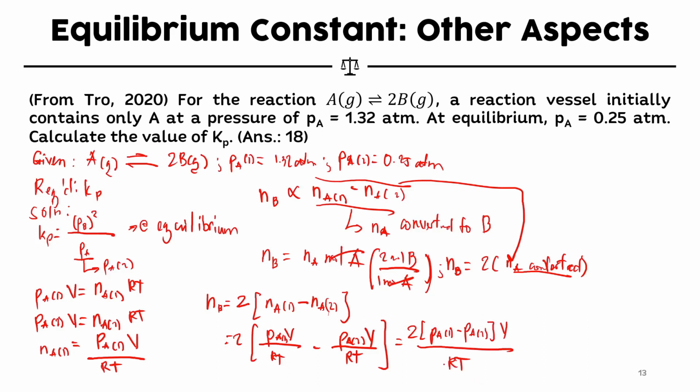Next, we transfer V over RT to the other side of the equation so that only the knowns are on one side and only the unknowns are on the other side.